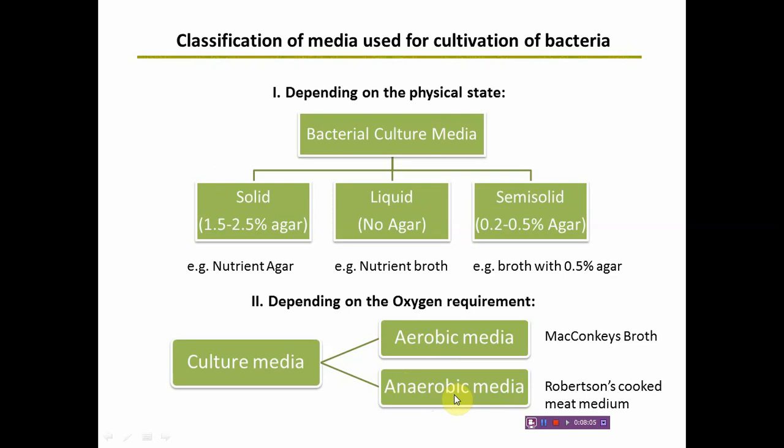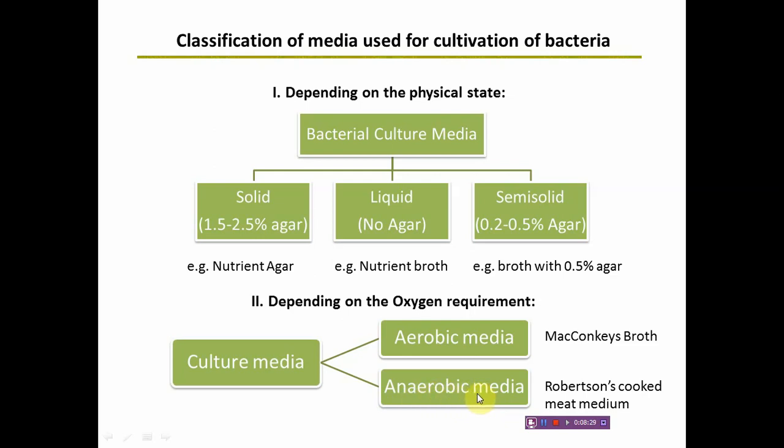So aerobic media are mostly used for the cultivation of cells which require oxygen for their cultivation. For those cells for which oxygen is deleterious, anaerobic media is preferred. Anaerobic media is made up of complex ingredients which help utilize the oxygen and avoid the oxidative damage to the bacterial cells.